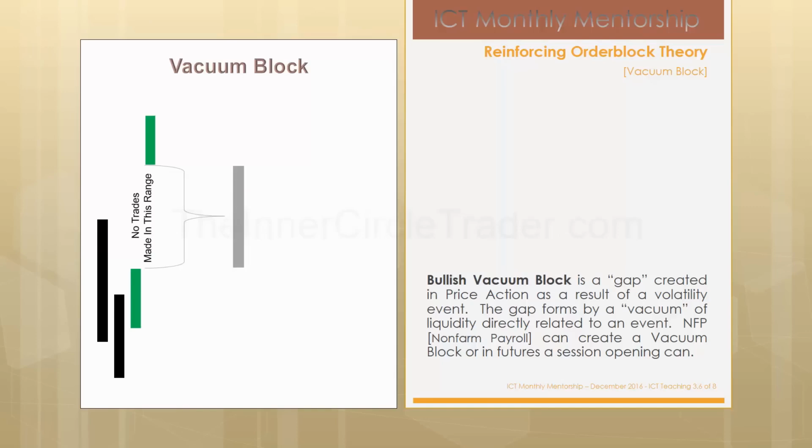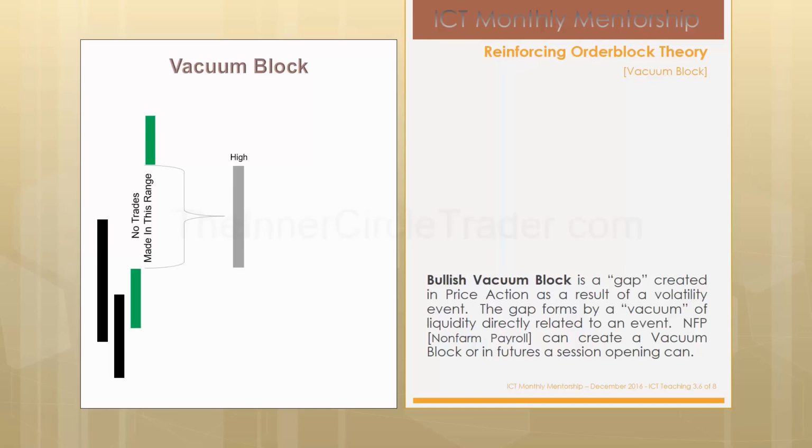Inside that range we have a vacuum block, and that means we've blocked out a reference point in time. We have to look at it like this because even though there's no candlestick or bar on our chart, price did in fact have a parameter, a beginning and an end. We can look at it as this candle or range, and again we're interpreting it, visualizing it, if you will.